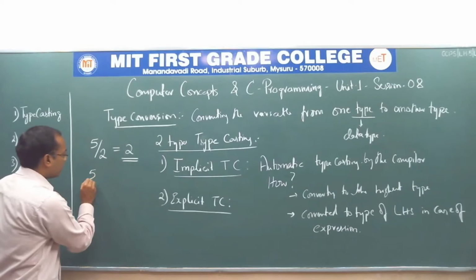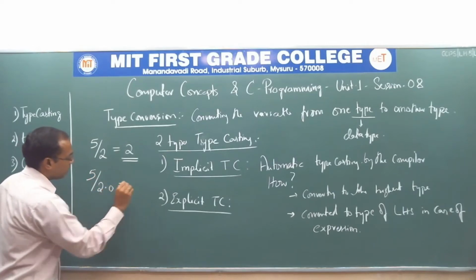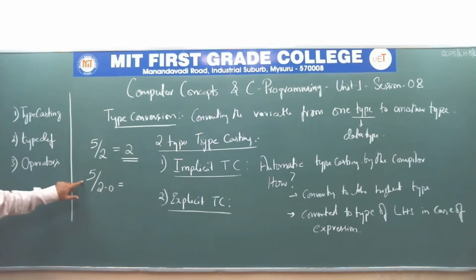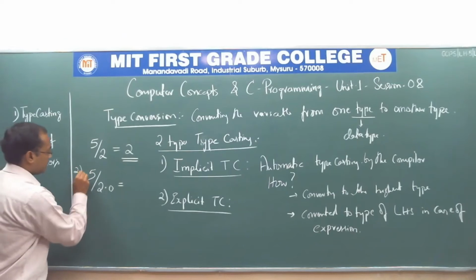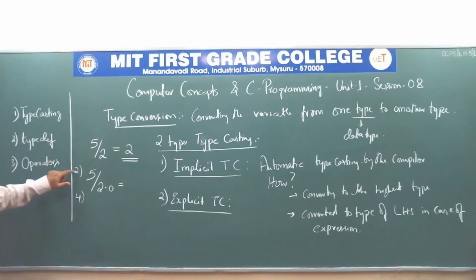Now I will do some modification to this. 5 divided by 2.0. In this case, the numerator is an integer, whereas the denominator is a floating point number. That is float number. Integer is 2 bytes, whereas this one is 4 bytes. So which is highest?